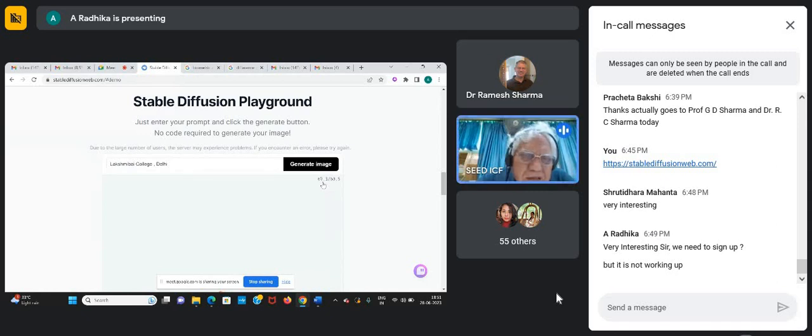Oh, your hand is still not reaching the generated image. You are not able to click on this, Radhika?